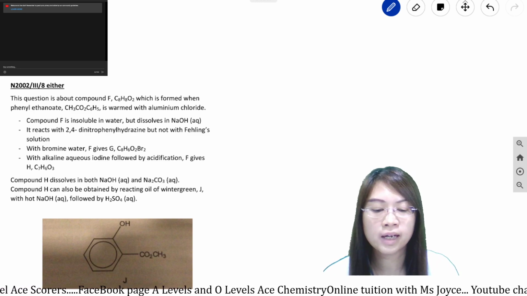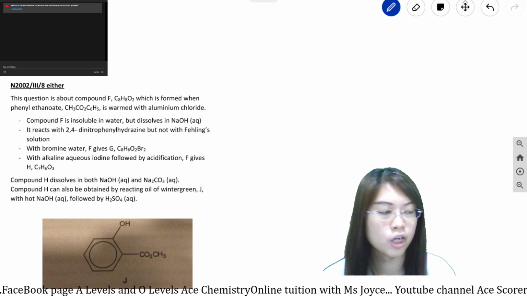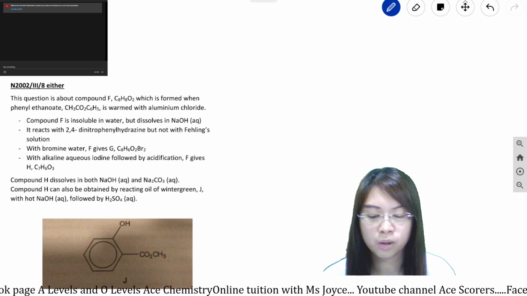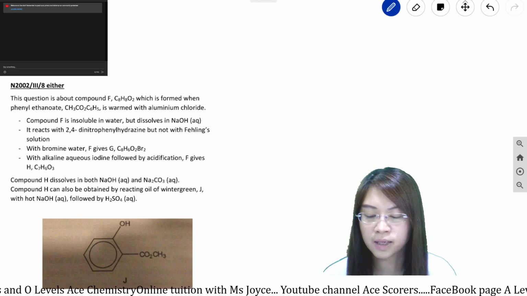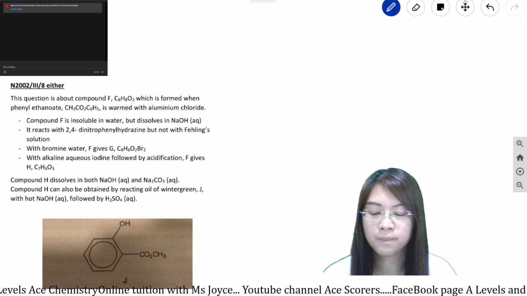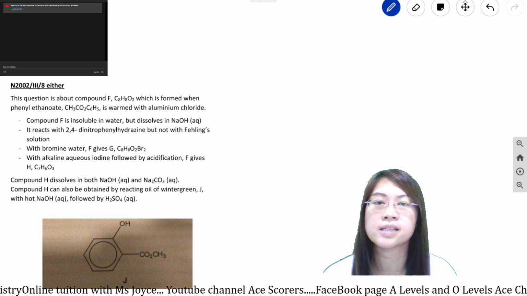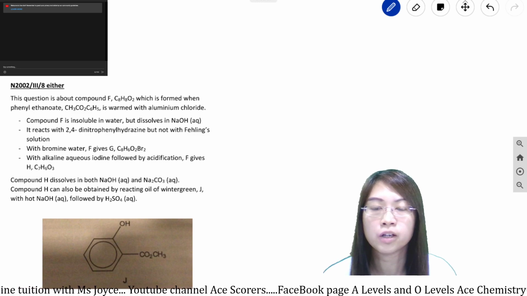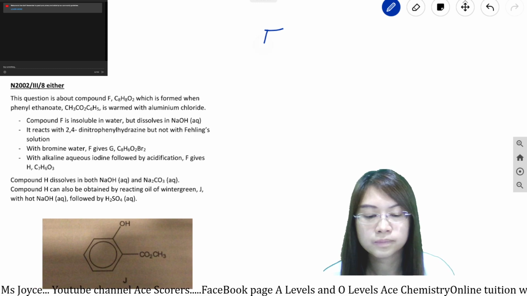Alright, so let's work it out by starting off with compound J. It has mentioned that H can be obtained by reacting J with hot NaOH followed by sulfuric acid. Now this is actually referring to the reaction of saponification. Now it goes like this.